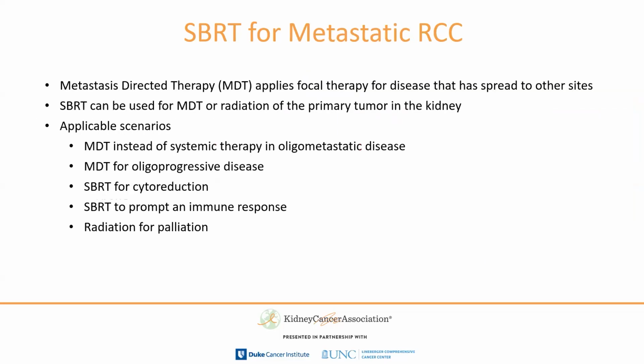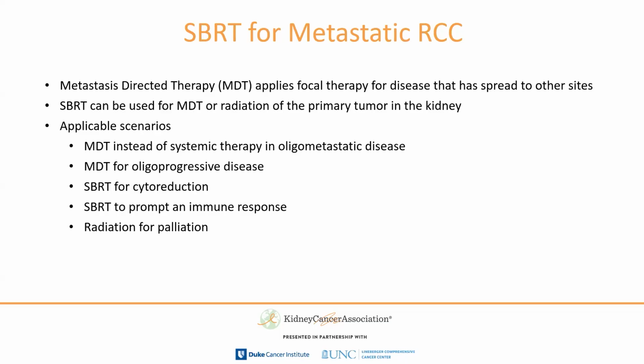All right, so next we'll talk about SBRT for metastatic renal cell carcinoma. So metastasis-directed therapy, or MDT, applies focal or local treatment to a specific site where the cancer has spread. So SBRT can be used for either treatment of the primary when it's located in the kidney or towards the metastases.